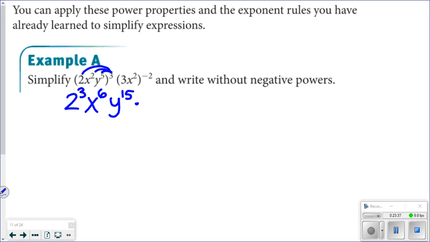And then we're going to multiply that by, and now we have to distribute this negative 2 to the 3 and the x. Those are 2 different bases. So 3 to the negative 2nd power x. 2 times negative 2 is negative 4.